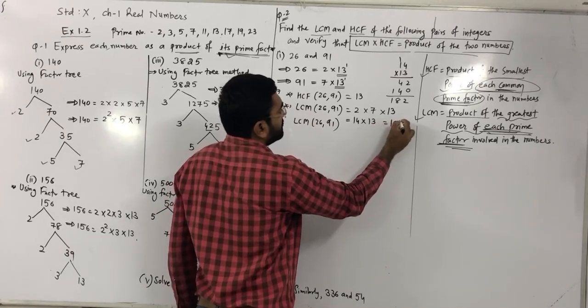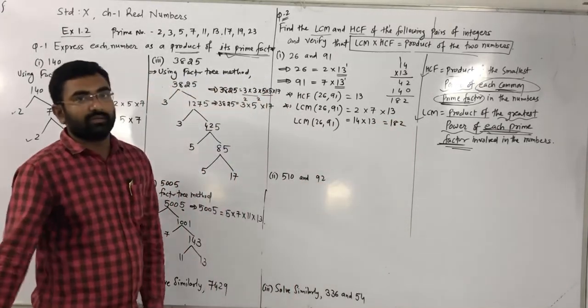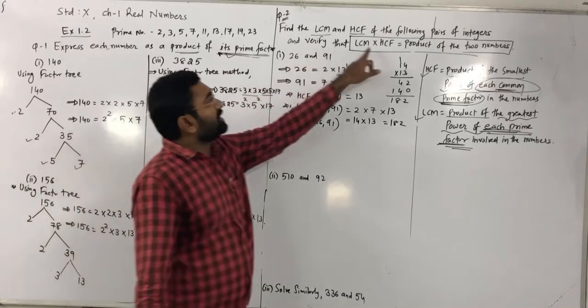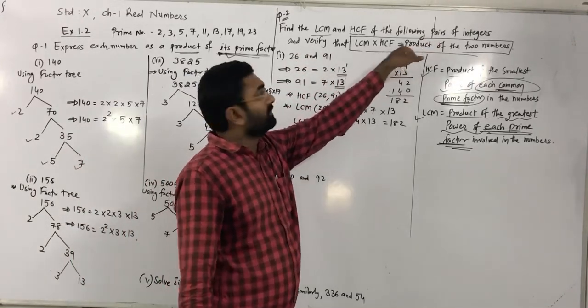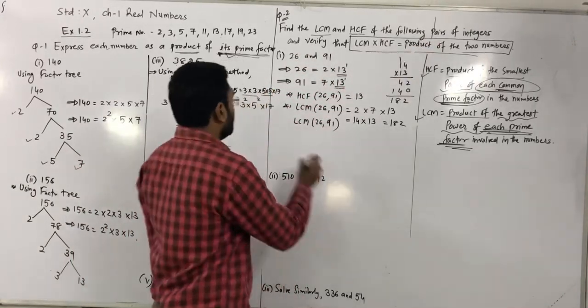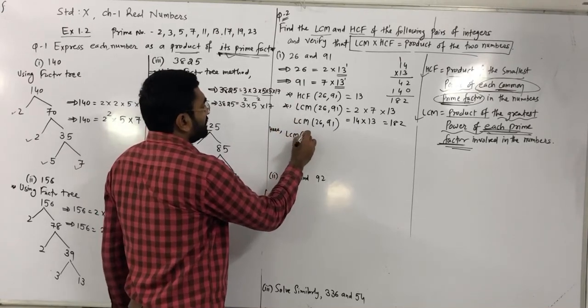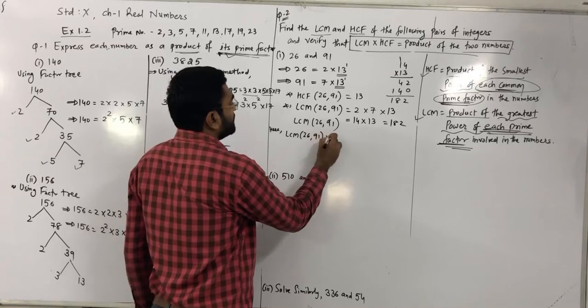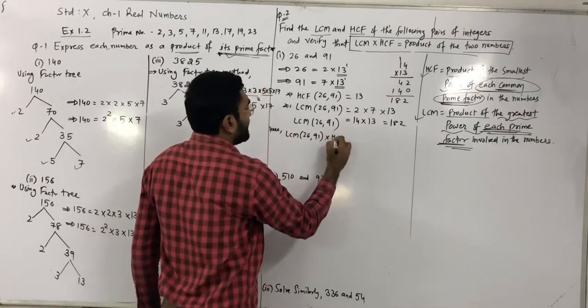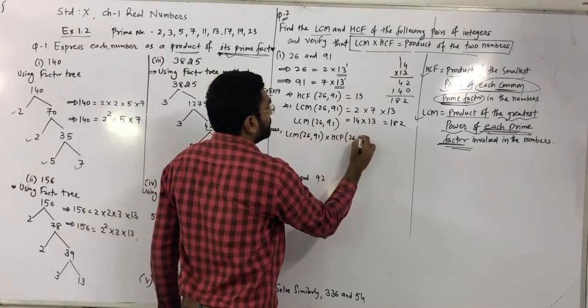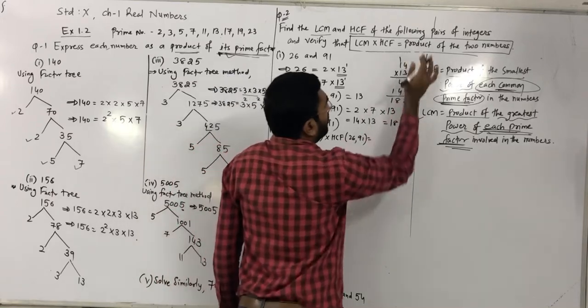So its LCM is 182. Now, as per the question, we also have to verify another thing, so we define that verification here. The LCM of 26 and 91 multiplied with the HCF of 26 and 91 is equal to the product of the two numbers.